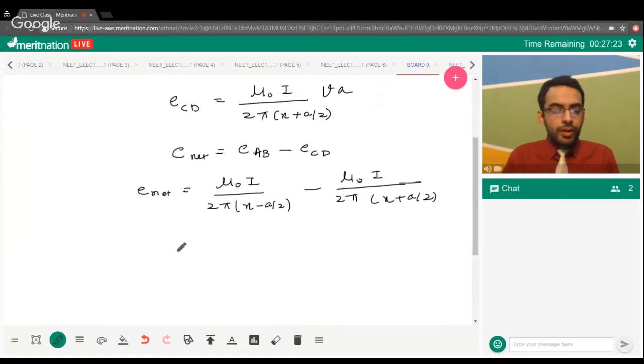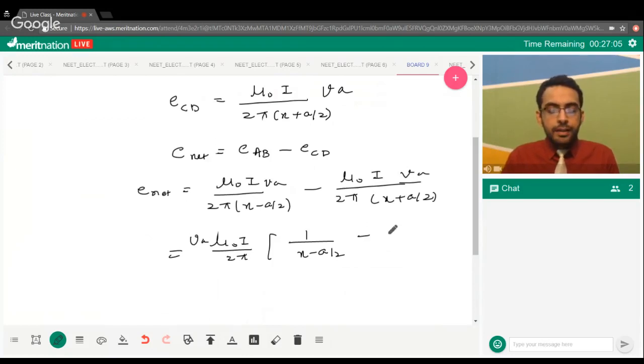You can take mu naught I, 2 pi, and VA common. So you get 1 by X minus A by 2 minus 1 by X plus A by 2.